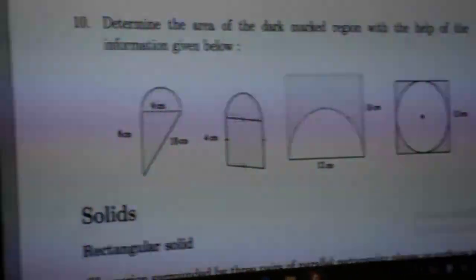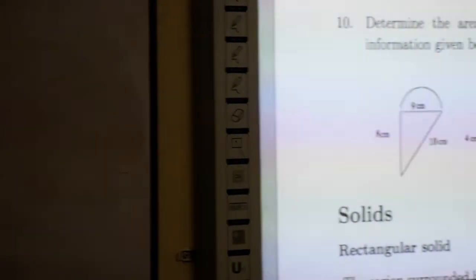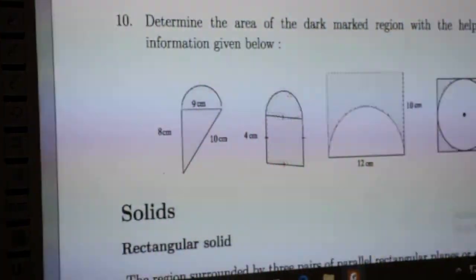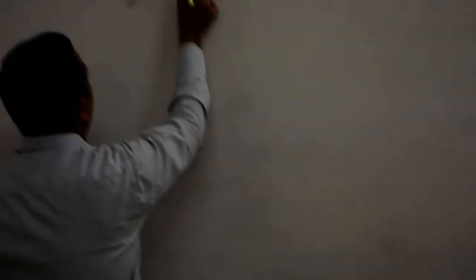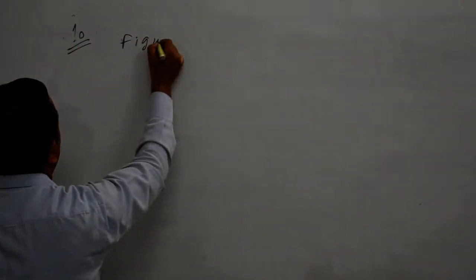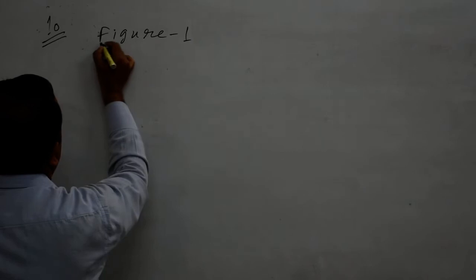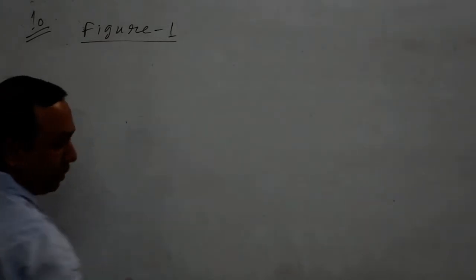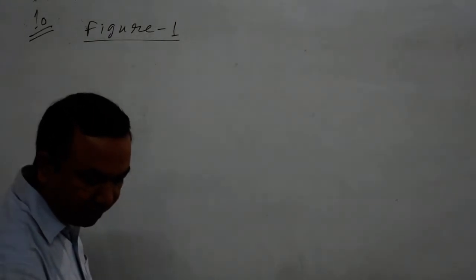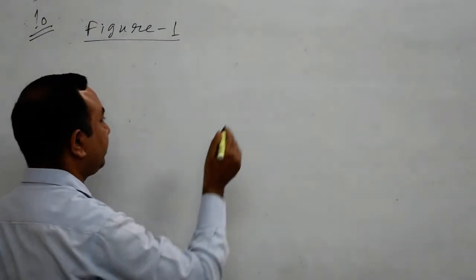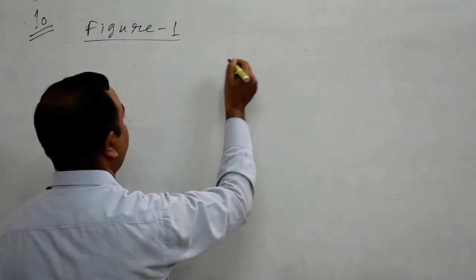So just see the first figure. I am solving one problem taken from the first figure, question number 10. I am doing just for figure 1. And you try to draw this figure also. There is given one figure, and information is also given.